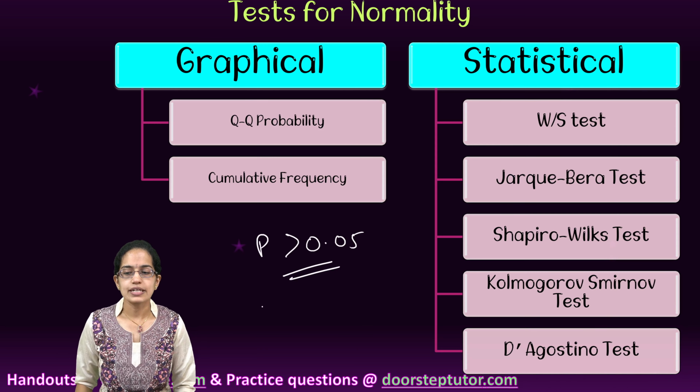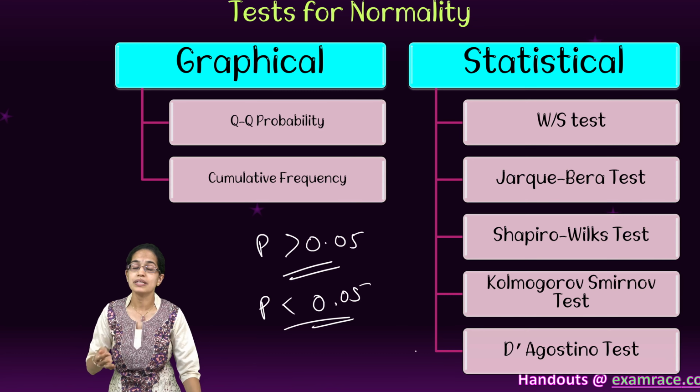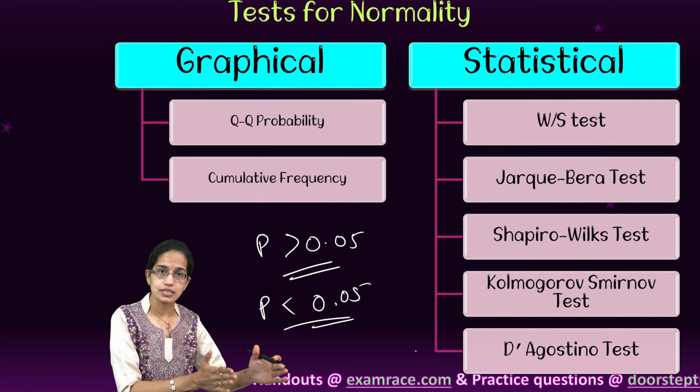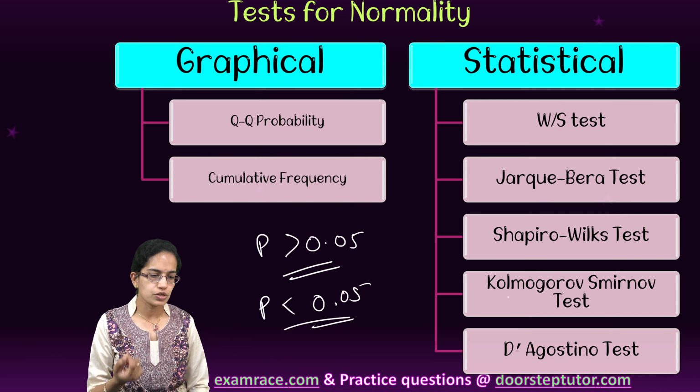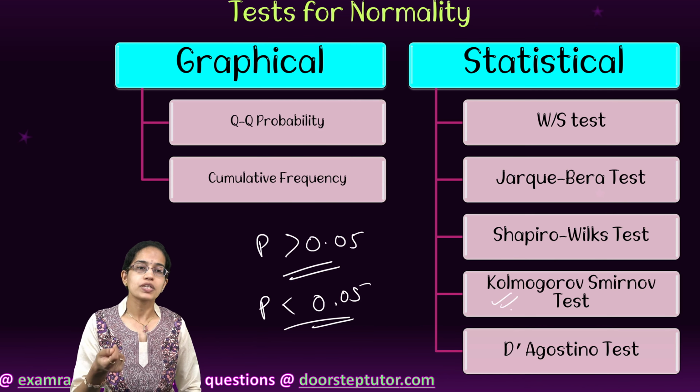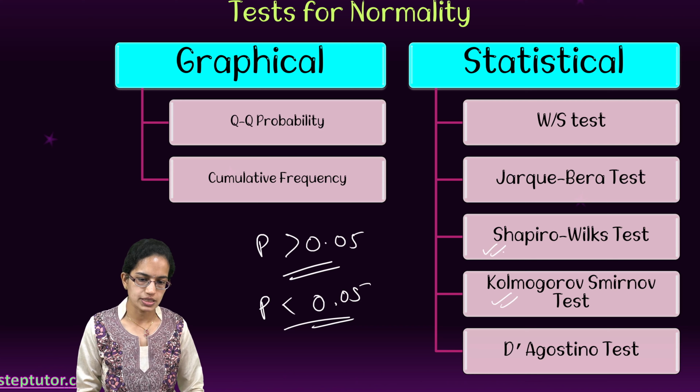Again, there are various statistical softwares available in computing. For example, Statistical Package for the Social Sciences, which is called SPSS. That software uses the Kolmogorov-Smirnov test as one of the tests for testing normality, or it uses the Shapiro-Wilk test.